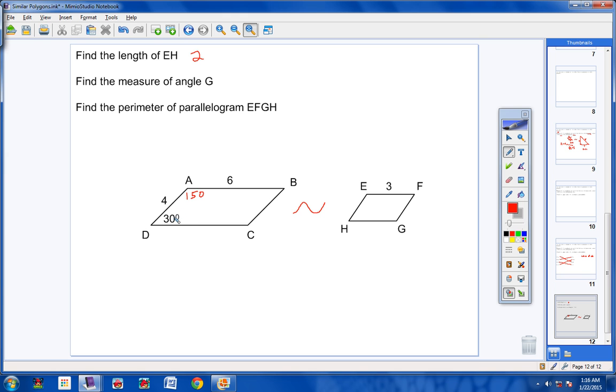Now remember, in parallelograms, diagonal or opposite angles are congruent. So if this is 30 here, this has to be 30 over here. If this is 150 here, this has to be 150 here also. Okay, so find the measure of angle G. Well, angle G would correspond with angle C. So angle G would be 150 degrees.